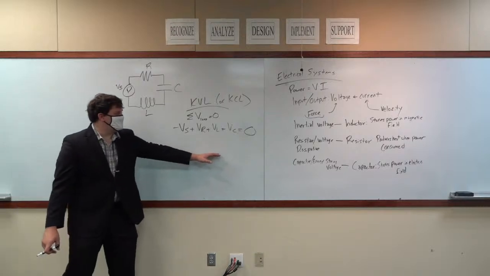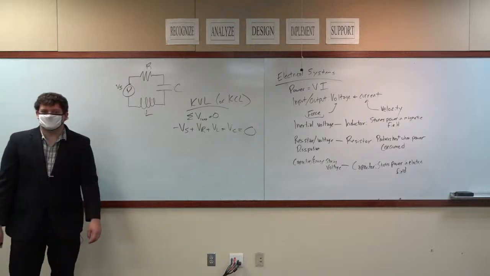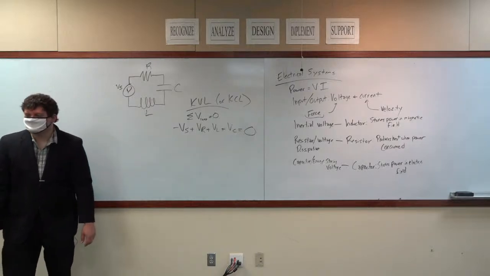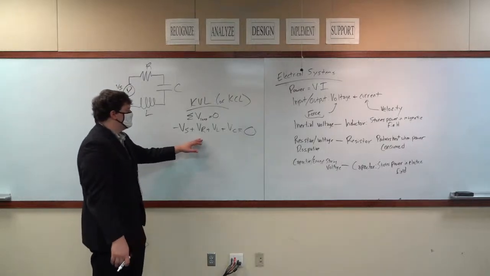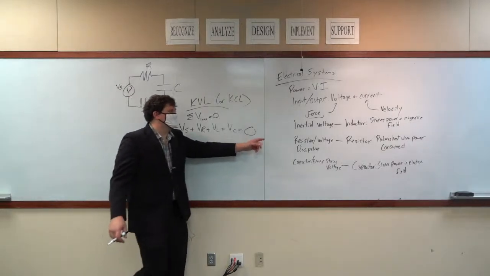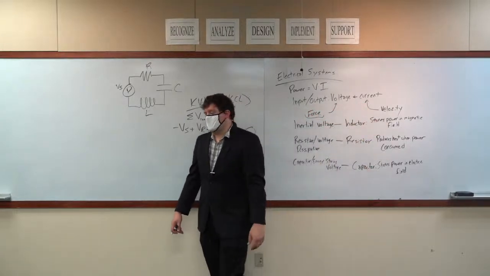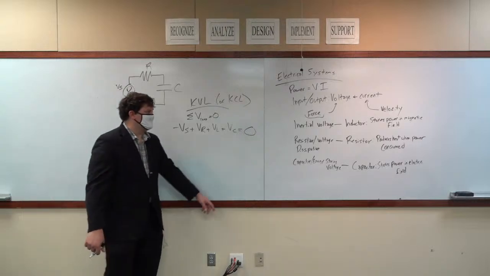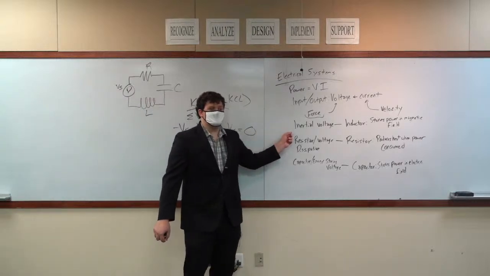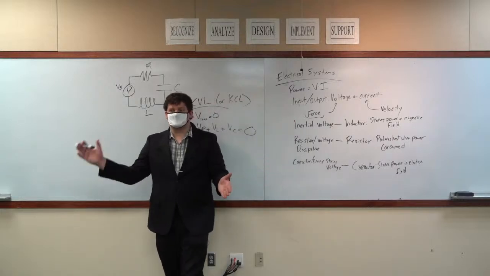Here's where we're at. Now what? Every one of these components has a relationship between voltage and current. Okay? Every one of the components for every one of the systems so far, the inertial force had a relationship between force and displacement.